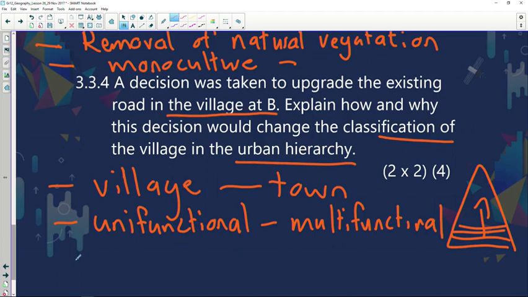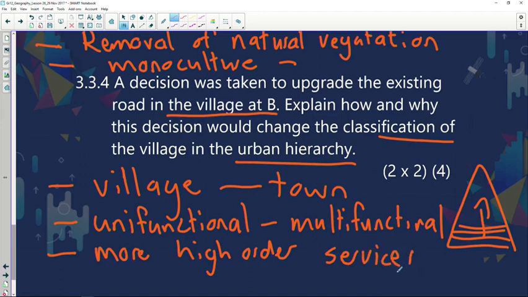Okay, if you look at our third point that we can mention, it might provide more high order services. Now, we've looked at high order and low order when we looked at the theory section.